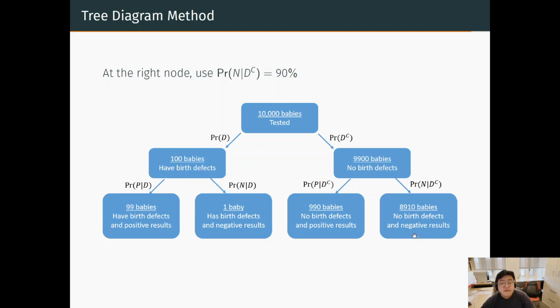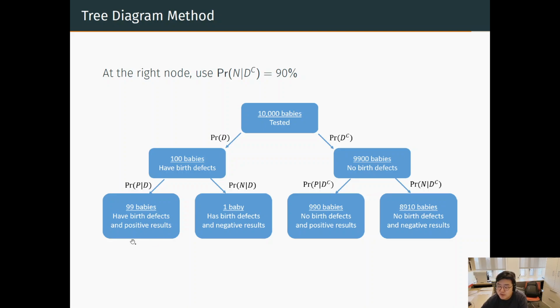They are true negative results. But this means 10% will get a positive result even if they don't have any defects. So 10% of 9,900 is 990, right? So they are false positive.